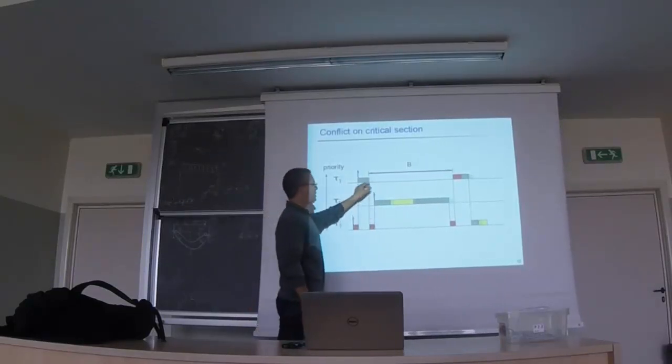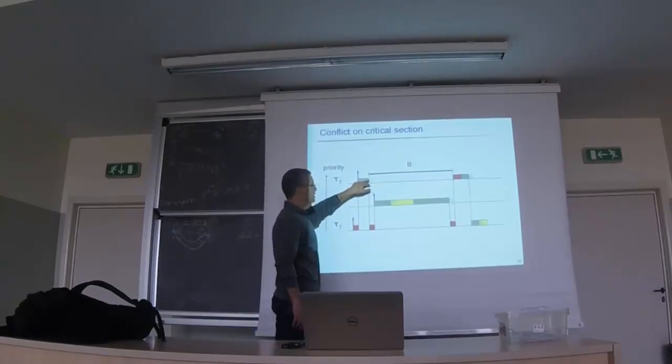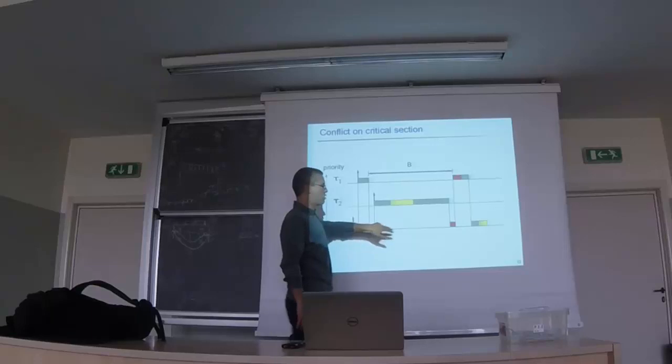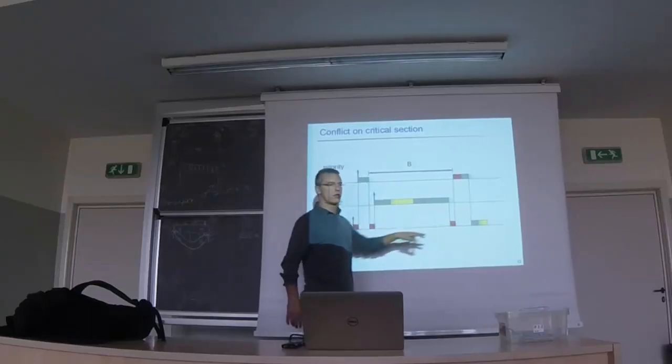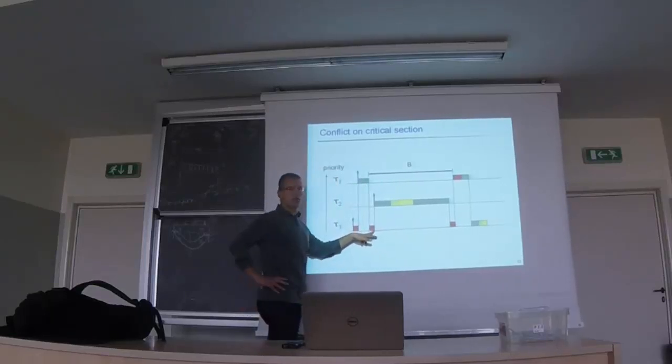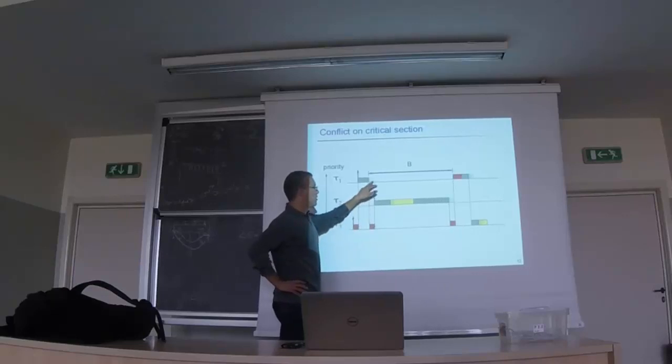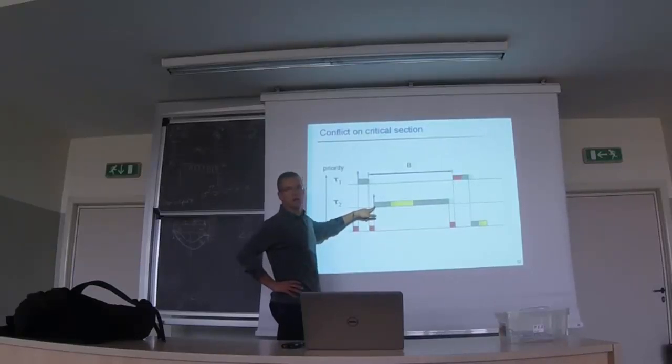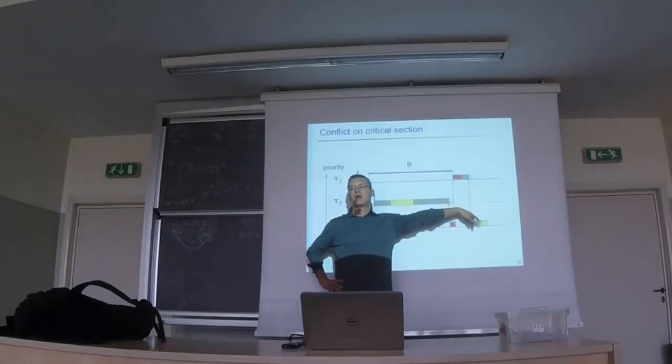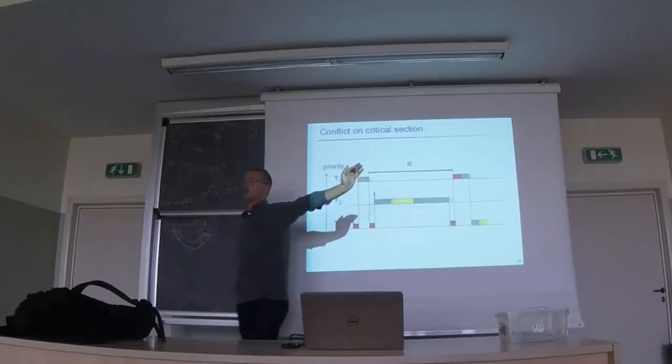This guy blocks, this guy continues, but it does not finish its critical section. It does not unlock the shared resource. So before unlocking, it gets preempted by a middle priority task, which can execute forever, can be arbitrarily long.